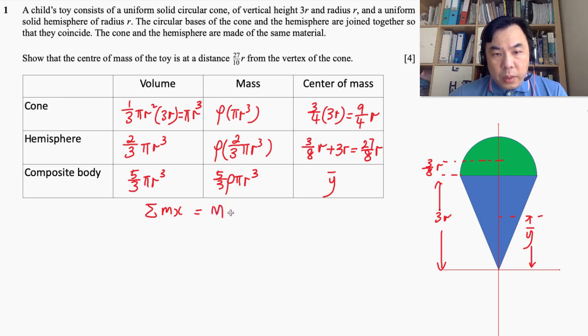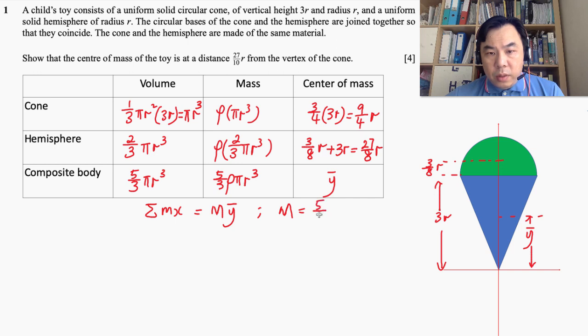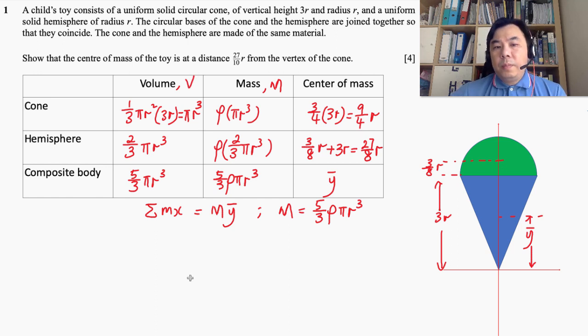In this case, I will label that as M, where the mass for the composite body is given as such. So just a reference here. So I'll write down, all right. So this is the mass. This is the volume section, right?